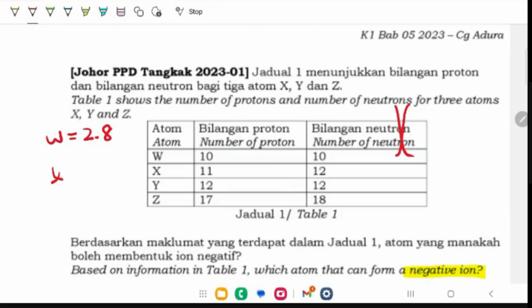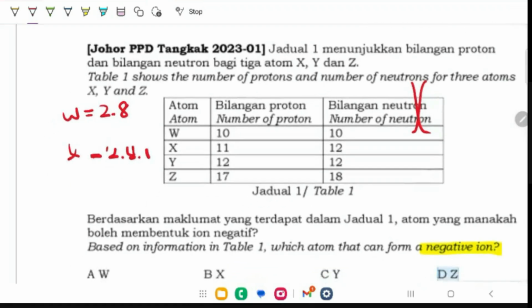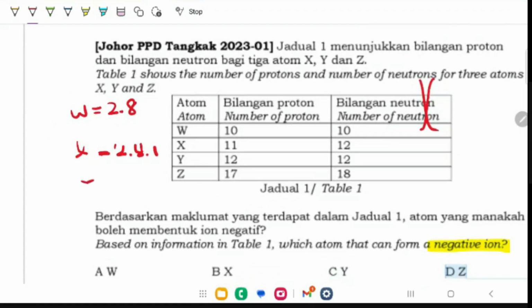X is 2.8.1. How about Y? 2.8.2. Finally, Z is 2.8.6 or 2.8.7.